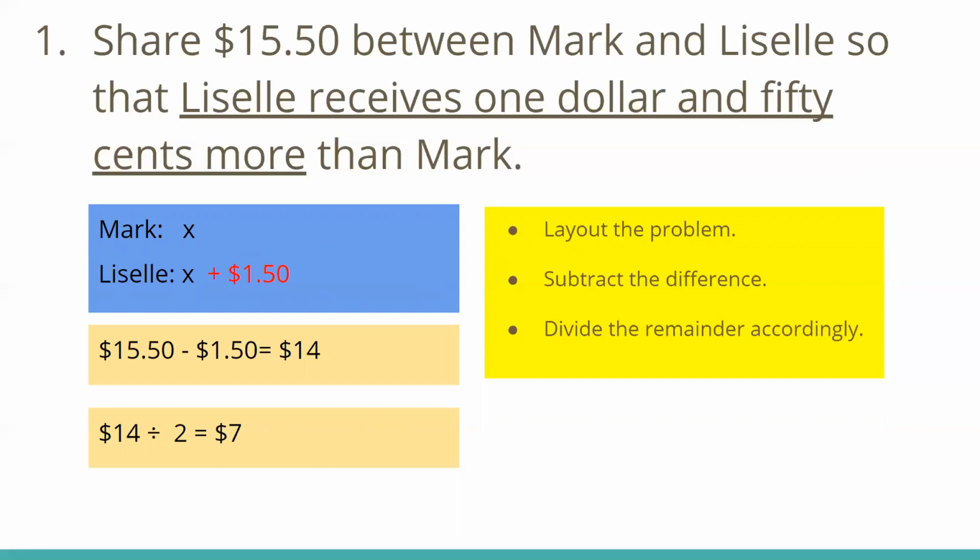Finally, we divide accordingly. We divide by 2. 14 divided by 2. So why did we choose to divide by 2? Well, 2 people are involved, so we divided the amount by 2 and we have $7.